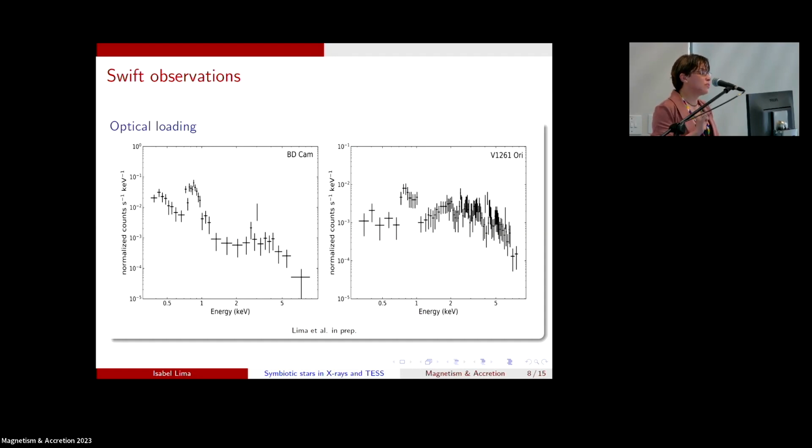In relation to our X-ray data, we found that Swift XRT PC mode data for BD Cam and V1261 Ori have optical loading, and they cannot be used. Optical loading produces a spurious signal in a CCD due to bright sources.